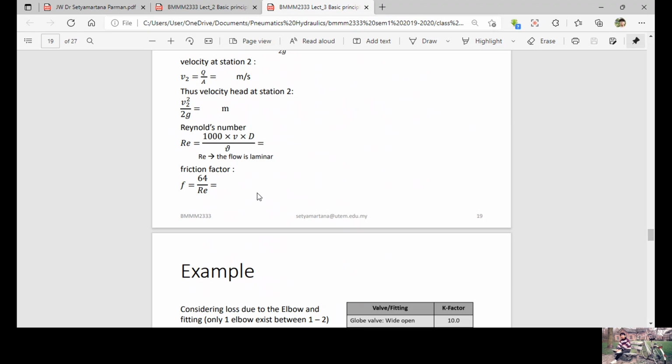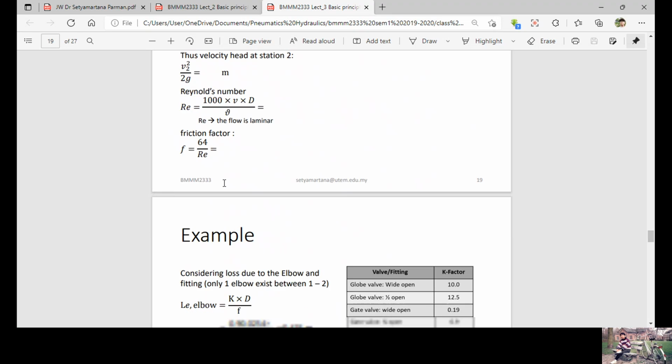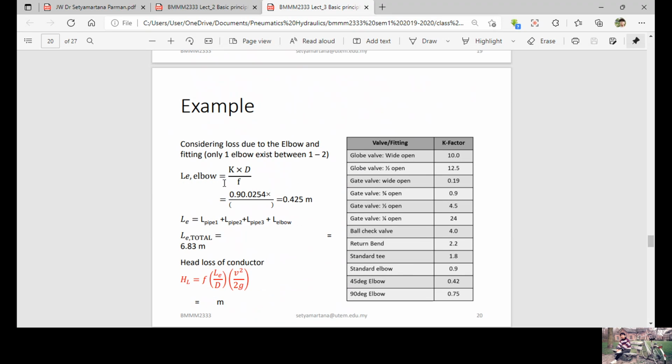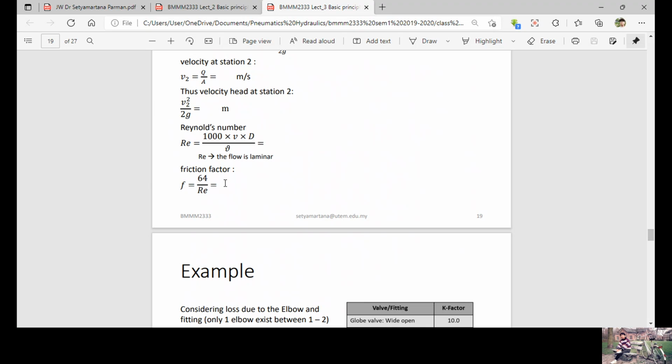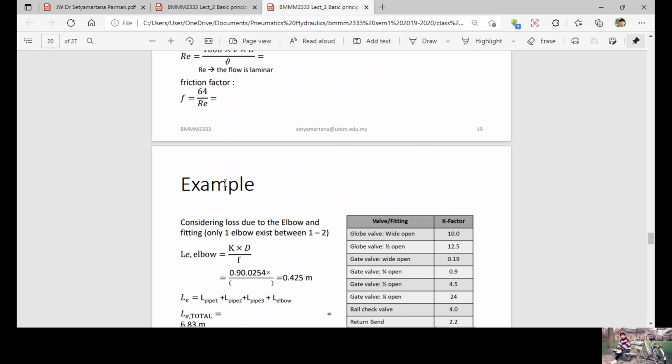Since it is laminar flow, the friction factor is easily calculated using this approximation equation, 64 over the Reynolds number. Okay, that is the friction factor F.